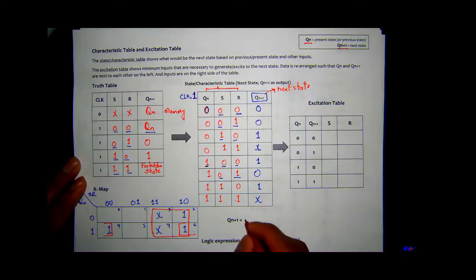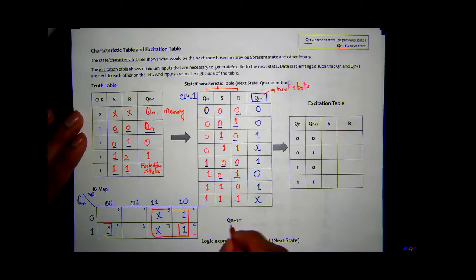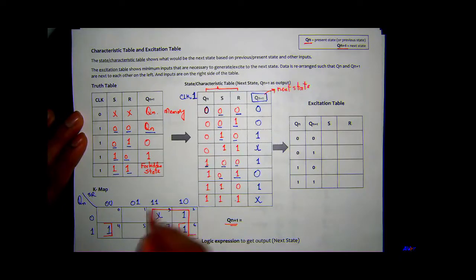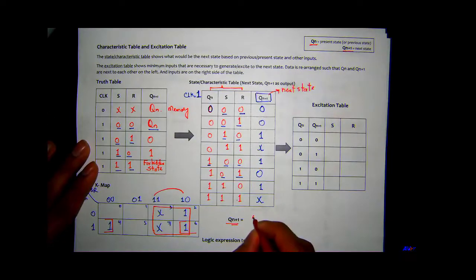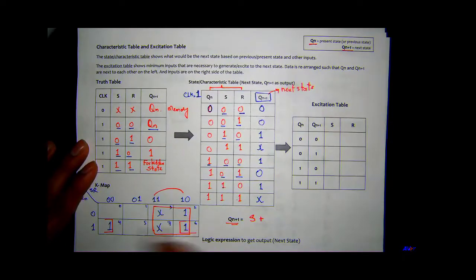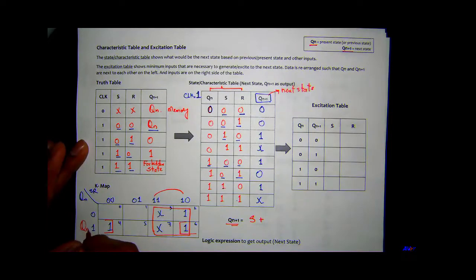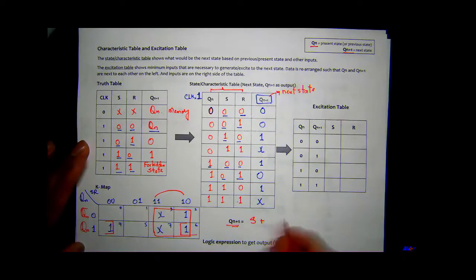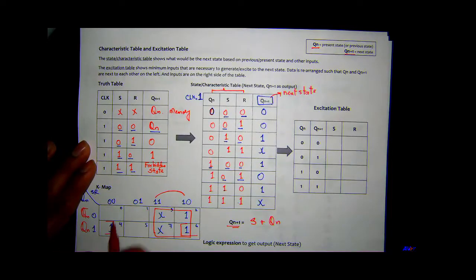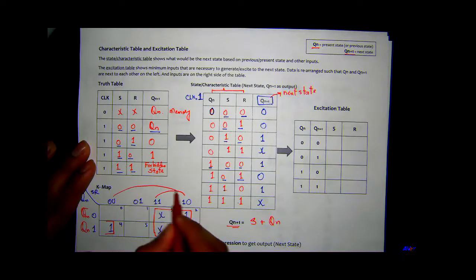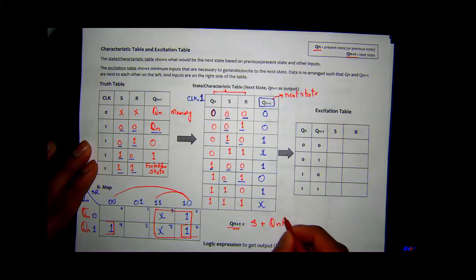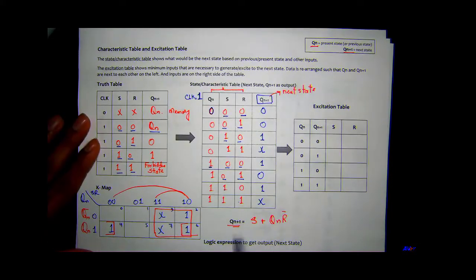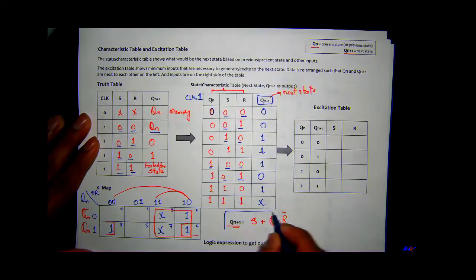And come up with an expression for Qn plus 1, which is going to be: for this group, the common term is 1 here, which is S, plus, and then for this pair you have Qn and Qn bar, so you have Qn, and the common here is 0, 0, which is R bar. Okay, so this is the logic expression to get the next state.